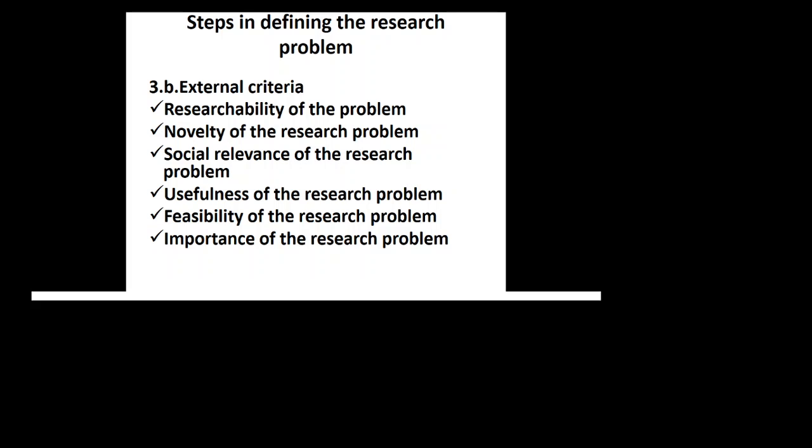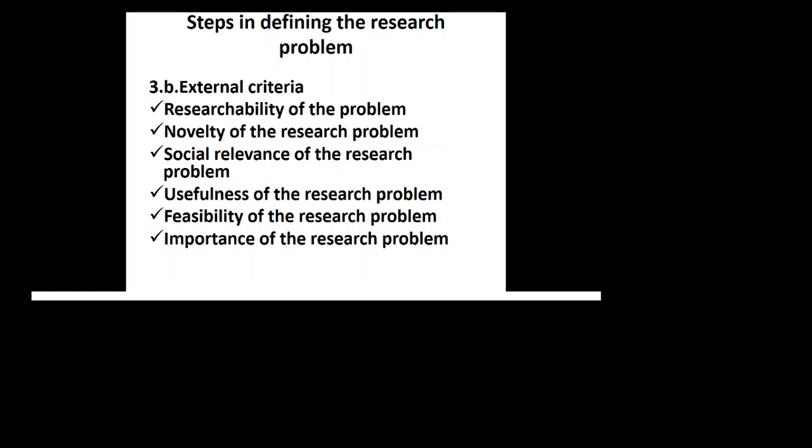Feasibility of the research problem basically tells us whether the research question is suitable for conducting research and analysis. Is there accurate and reliable data available? Will the respondents be willing to spend time and effort in answering your question? So all this is feasibility.